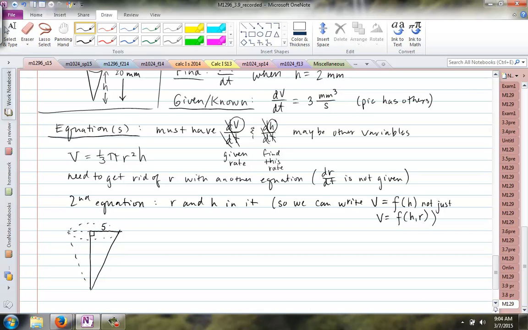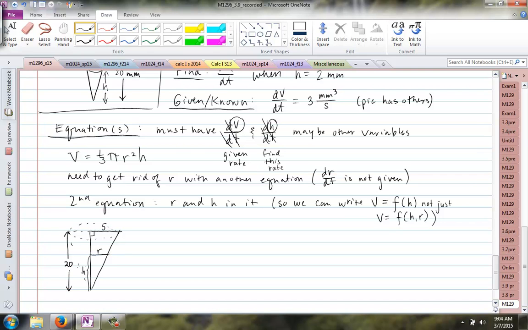So here's the cone in dots. And then our overall height is 20, and the chocolate height and radius are changing. I should be a little bit more careful about this 20, so I'll put it out here. Okay, so that's what we have going on.